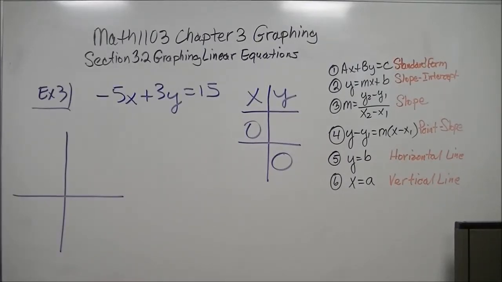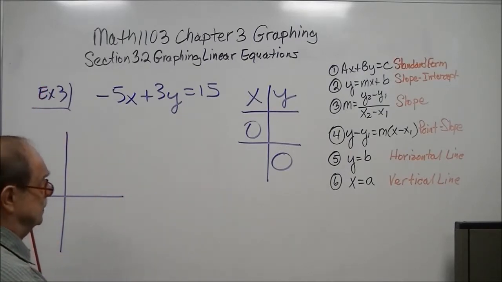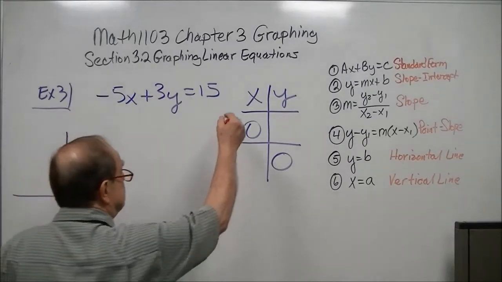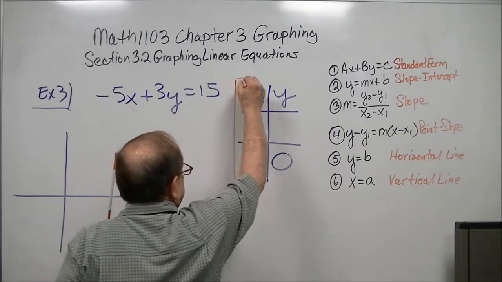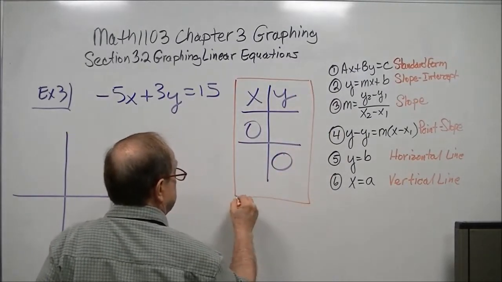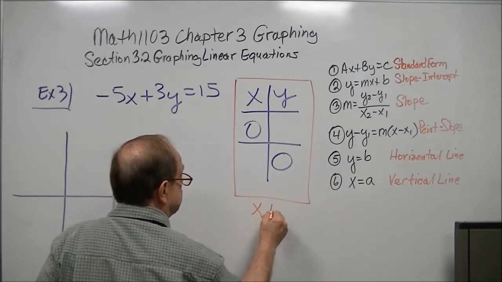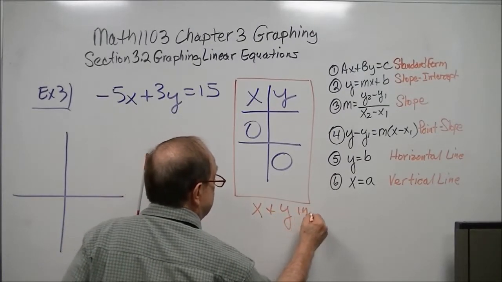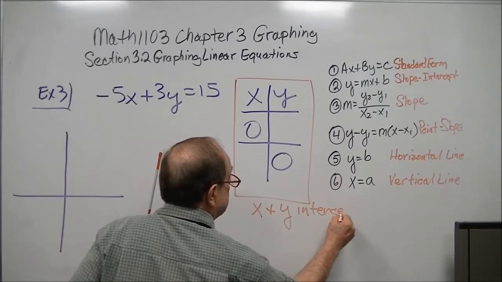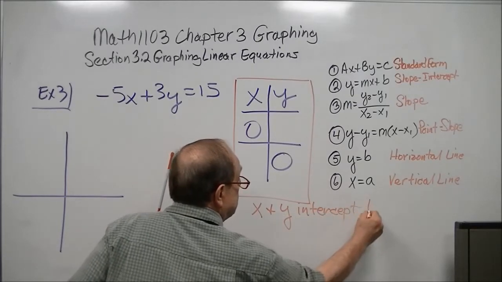As we go on to example 3, notice that this is in standard form, and I'm going to show you something that I think will be very useful, and that is this special T-chart. This is called the X and Y Intercept T-chart.